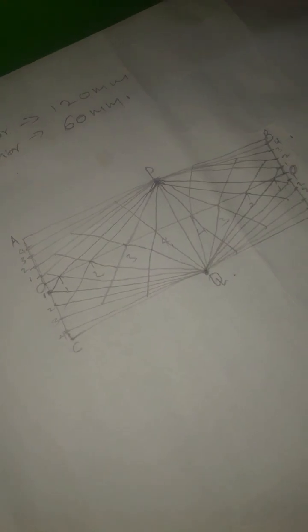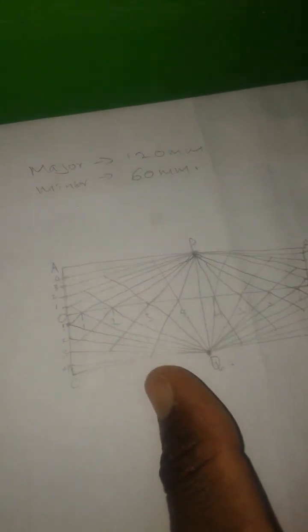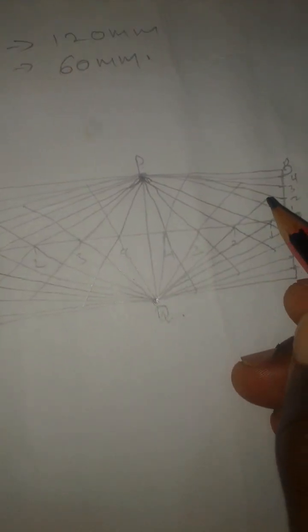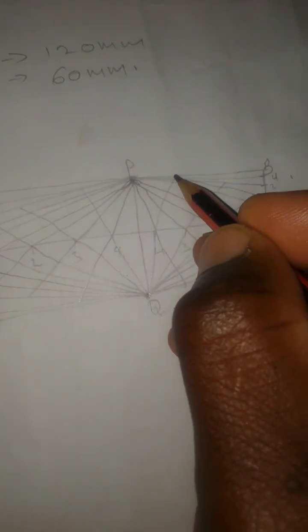Now, after drawing this, you see these points cut here. We have this point. The line has made this line, is made with this line.